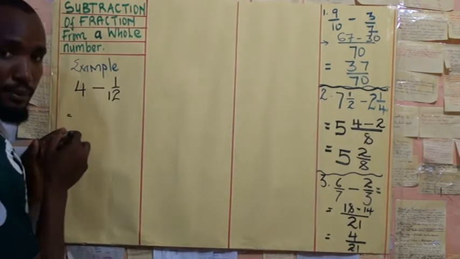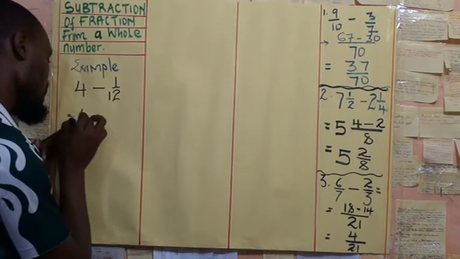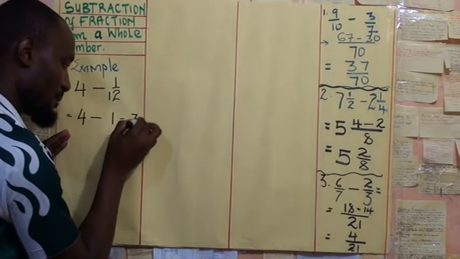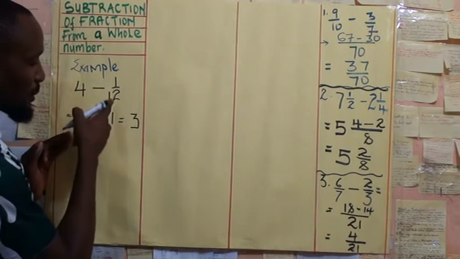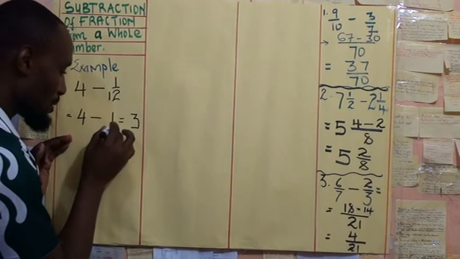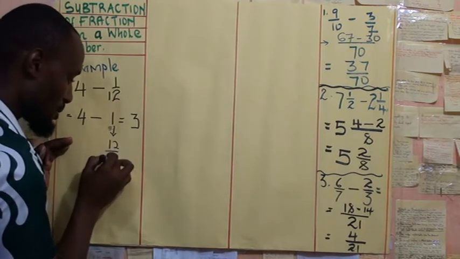What will you do? Step number 1, imagine 1, take 4 minus 1. What will you get? 3. Now this 1, make it a fraction of the denominator. What is the denominator here? 12. So make 1 a fraction of the denominator. That will be 12 over 12.